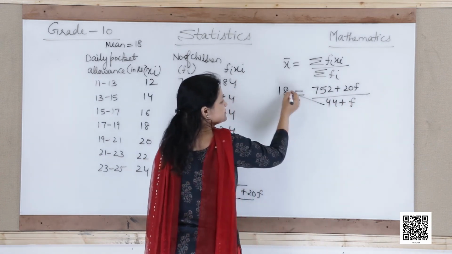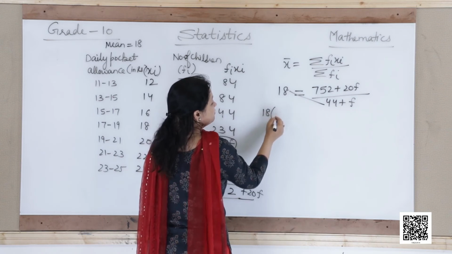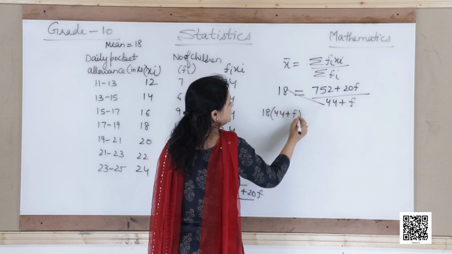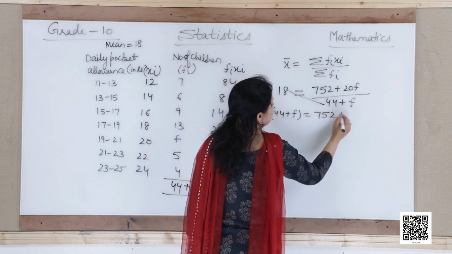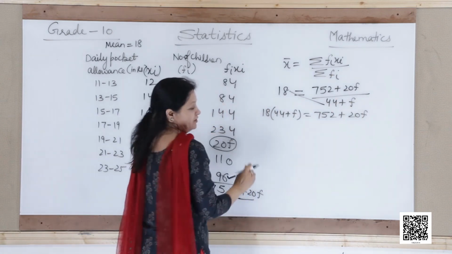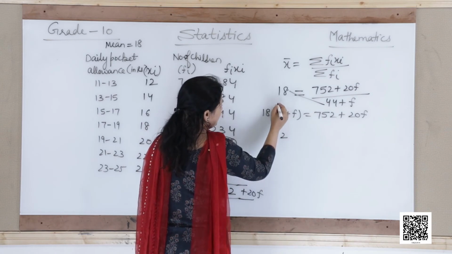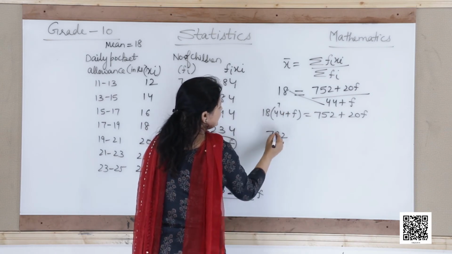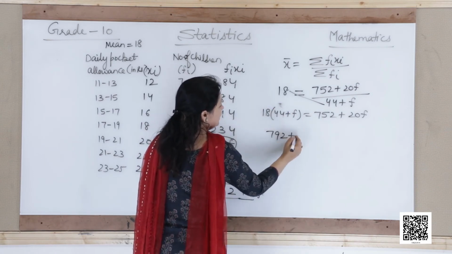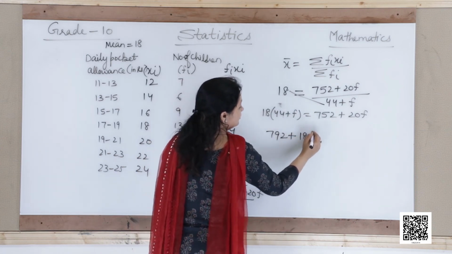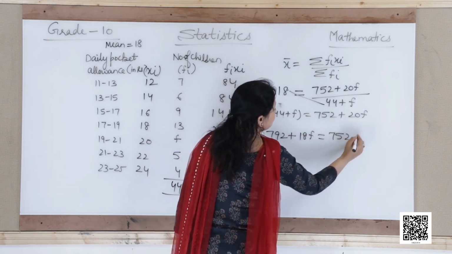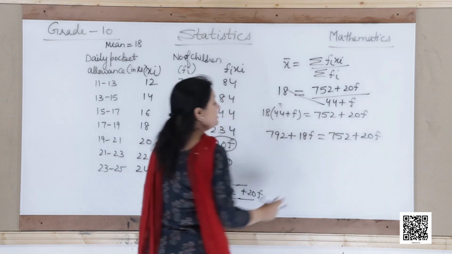Now cross multiply. 18 will be multiplied by 44 plus F is equal to 752 plus 20F. Now 18 multiplied by 44 is 792, plus 18F is equal to 752 plus 20F.